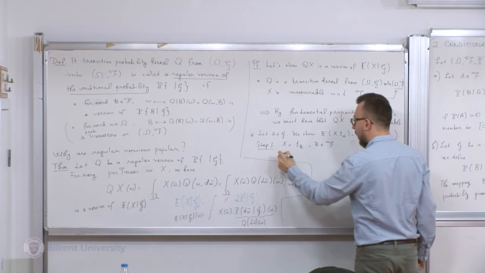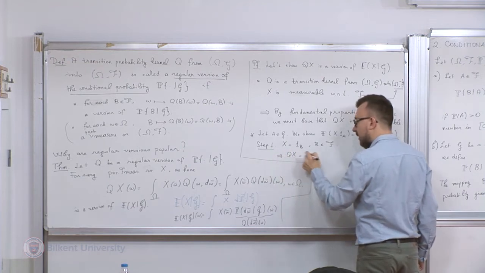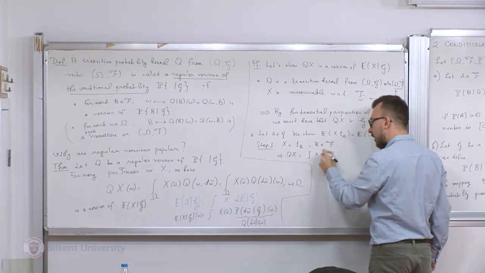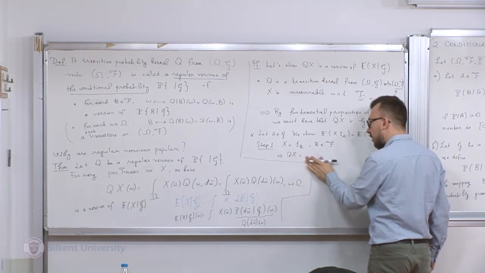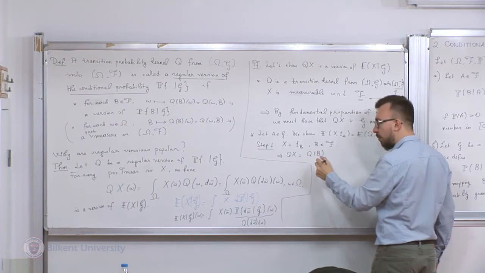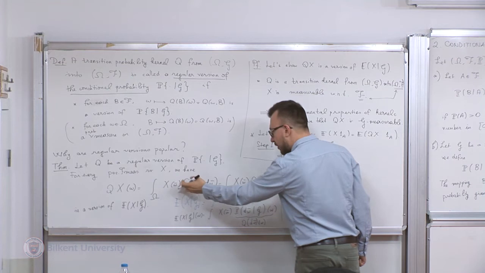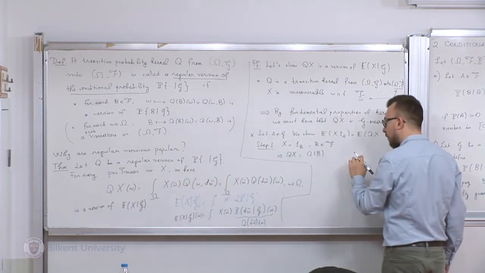In that case, Qx is just QB, right? Just QB, because you have the indicator of B here. This is going to give you just Q of B as a random variable.